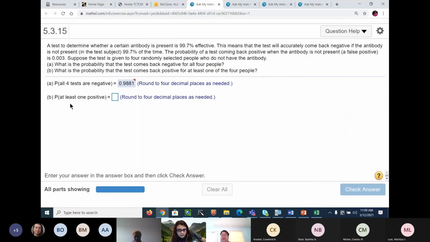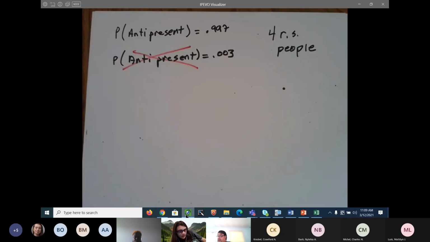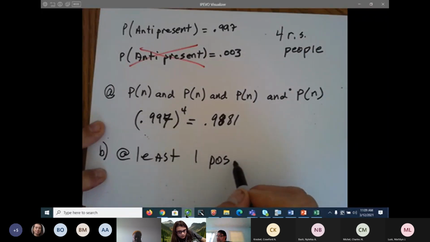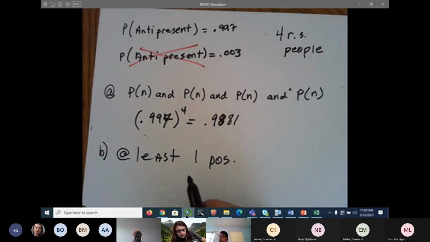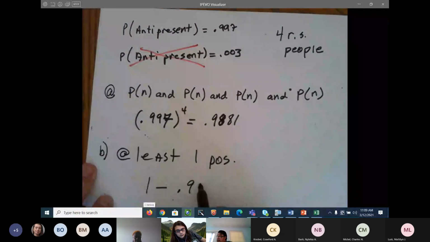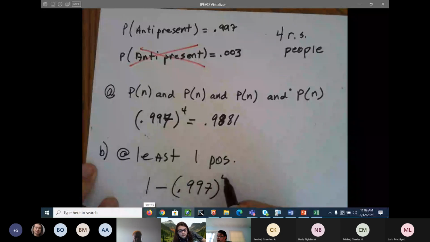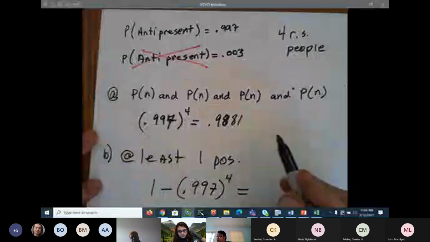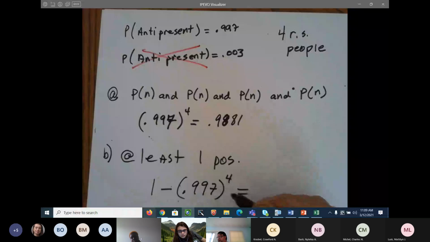At least 1 positive. B. At least 1 positive. And that's going to be 1 minus 0.997 raised to the 4th power, because at least 1 positive means the complement of none positive, basically. So that would be 1 minus 0.997 raised to the 4th power.